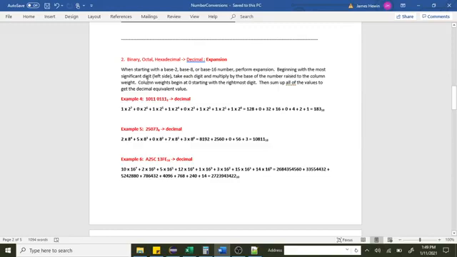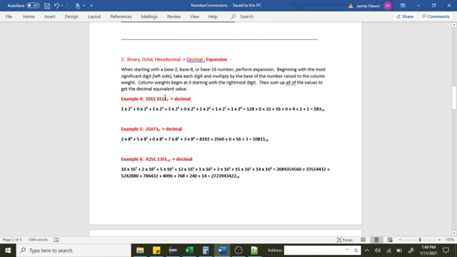So beginning with the most significant digit, which is the left side, just like if you're reading a number, the leftmost digit's the most significant. You're going to take each digit, multiply by the base of the number raised to the column weight. Column weights begin at 0, starting with the rightmost digit.